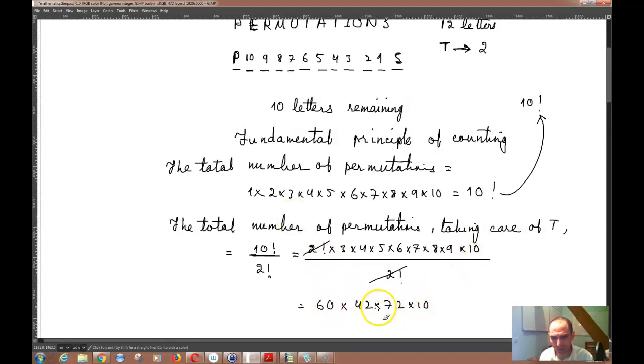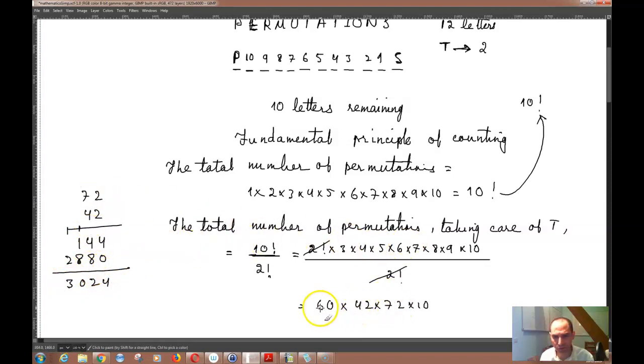Basically 72 times 42: 2 times 2 is equal to 4, 2 times 7 is equal to 14, 0, 8, 28, and you have a 4, you have 12, 1, and then 8 plus 2 is equal to 10, 1, you have 3024.